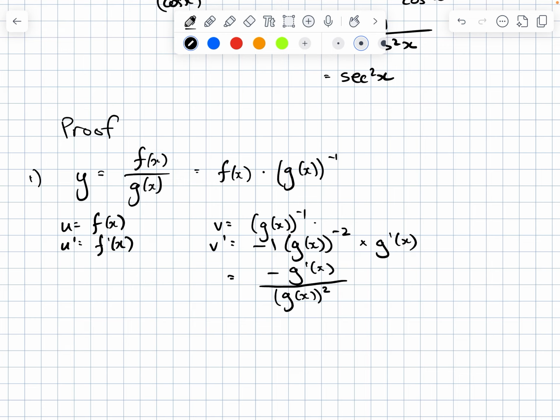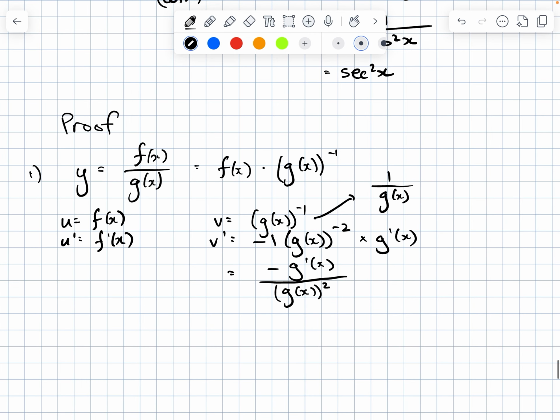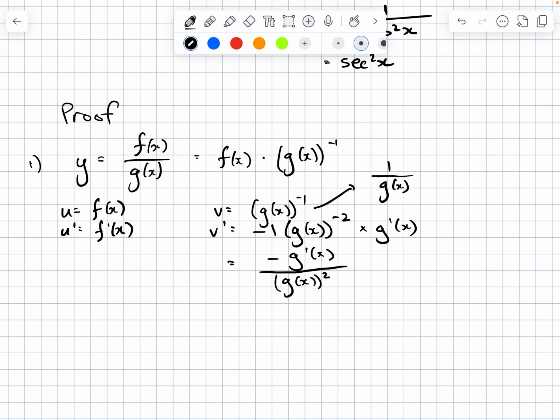Similarly, v can simplify to 1 over g(x). So we can use the product rule now. dy/dx is u' v, so that is f'(x) over g(x), plus u times v'.